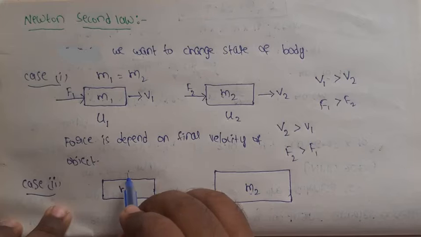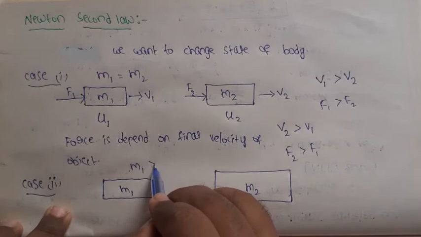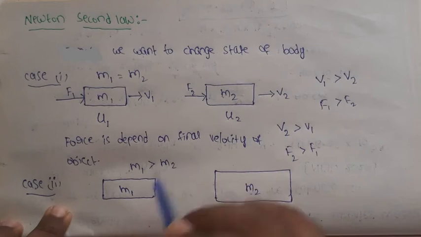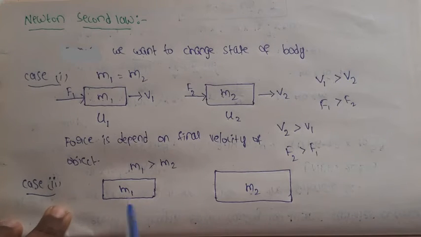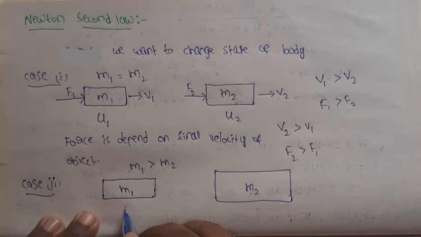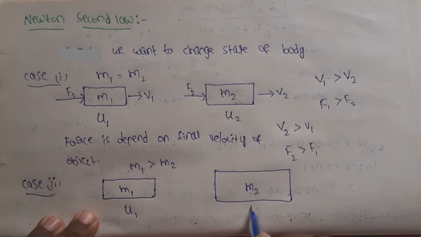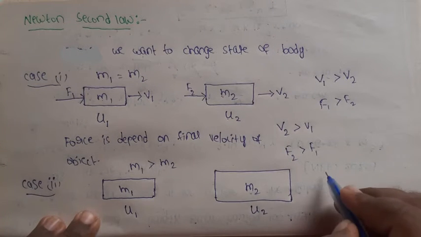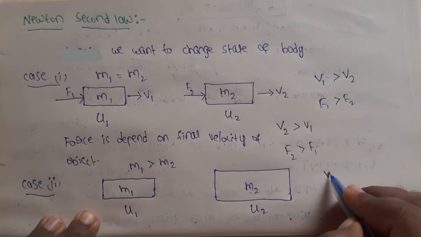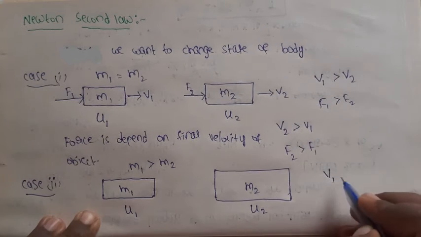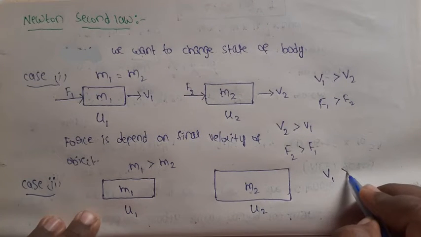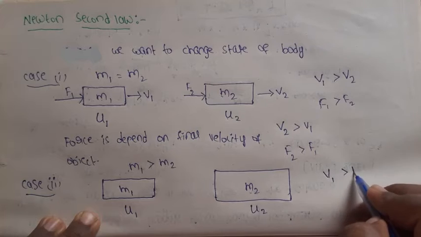Here the condition is m1 is greater than m2, but both are at rest, so their initial velocities are the same. The velocity of the first body is u1, and the velocity of the second body is u2. We want v1 to be greater than v2.